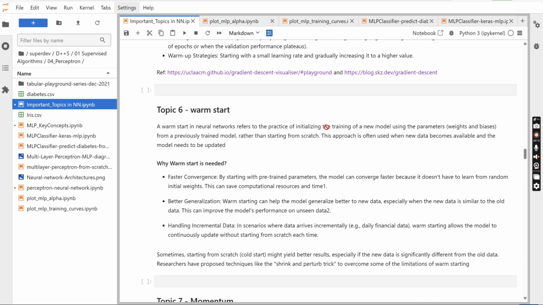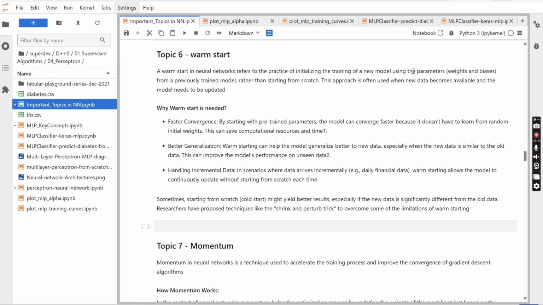We initialize the same previous weights that we have trained, but slightly tweak them instead of starting from scratch. That process we call warm start. Warm start is nothing but using initialization techniques wherein you don't train the model from scratch but rather build up on the knowledge that you have already acquired. That process is called warm starting neural networks.